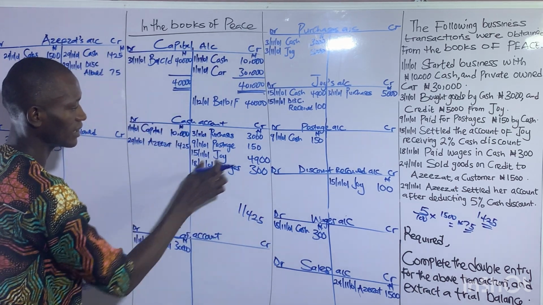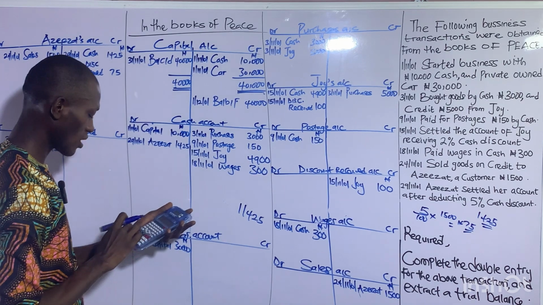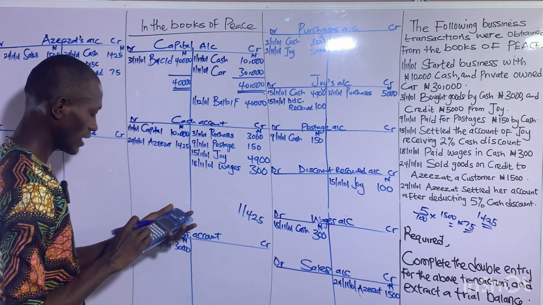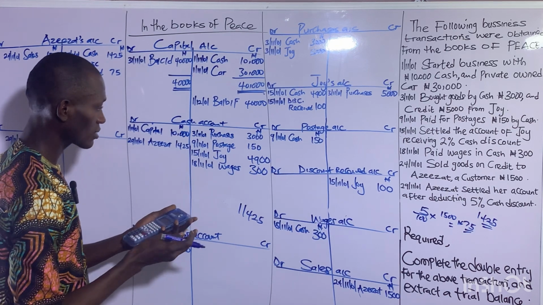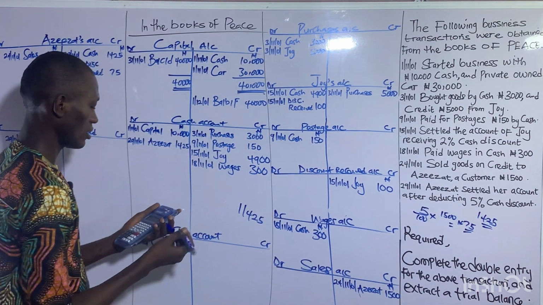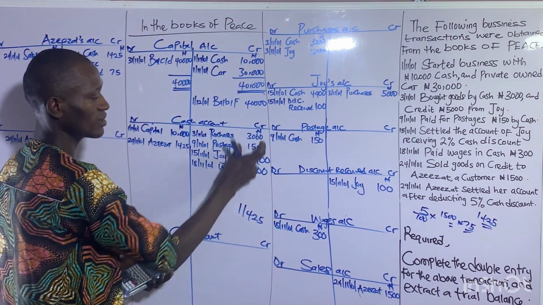That's the total of this side. Then the total of this side, we have 3,000 plus 150 plus 4,900 plus 300. That gives us 8,350. That's the total for this side.